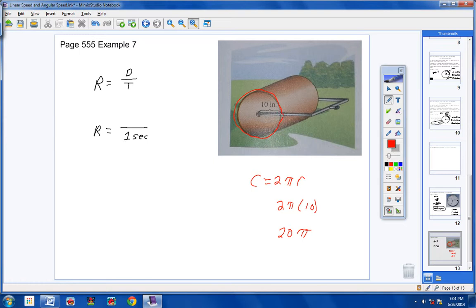Now, then I go 0.2 more. So I'm going to take 0.2 times the circumference, and the circumference is 20 pi. And if you do that correctly, you're going to get 2.4 pi. All right?